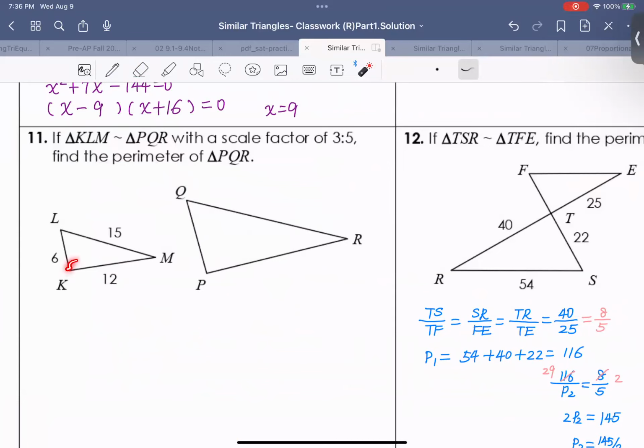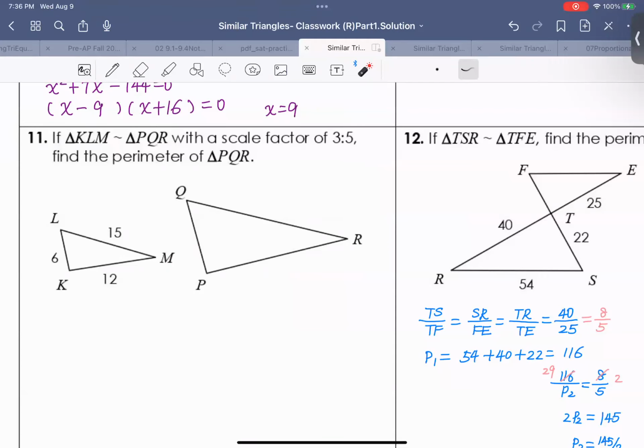So this guy scaled to this guy is 3/5. So you can treat this guy as 3. That means if you divide this by 3, that's 4. And then you do 4 times 5, that's 20. So this part will be 20. And the same thing, you divide this guy by 3, which is 2. 2 times 5 is 10. So this part is 10.